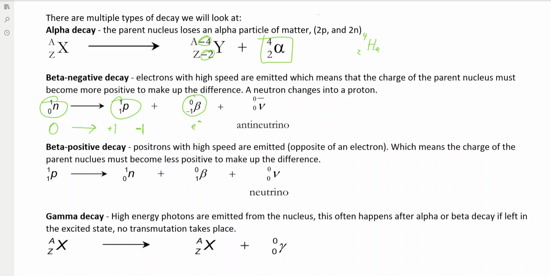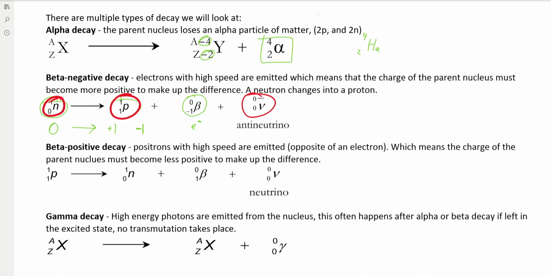Okay? Now, why is there an antineutrino here? Well, what happens is when you convert from a neutron to a proton, there is a mass difference between the two situations, and so the antineutrino kind of makes up the difference.